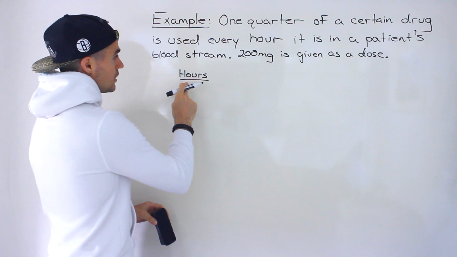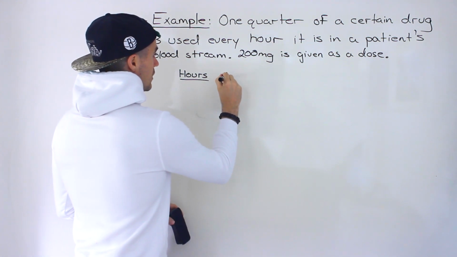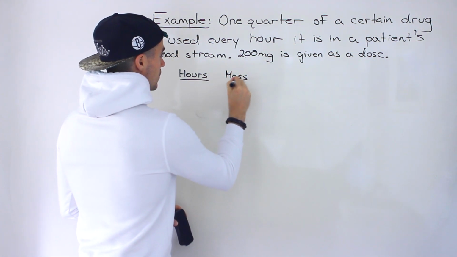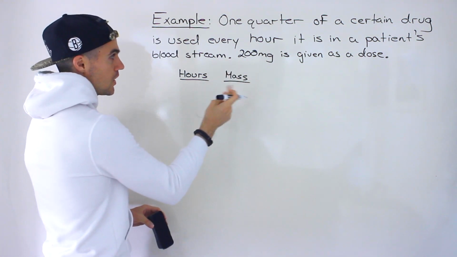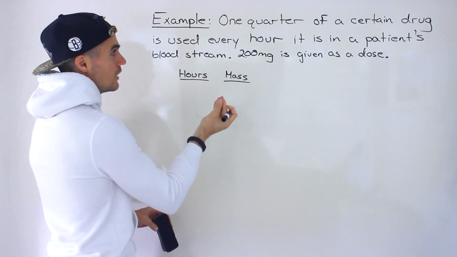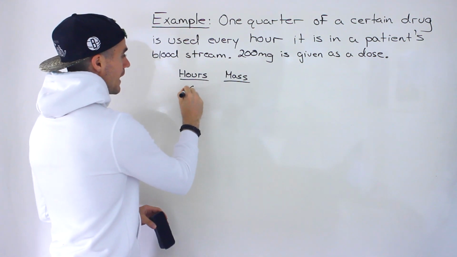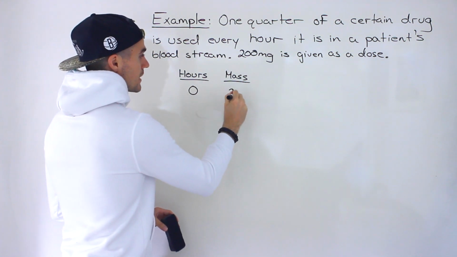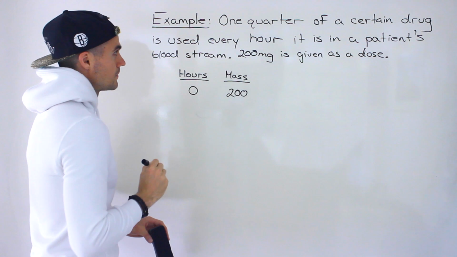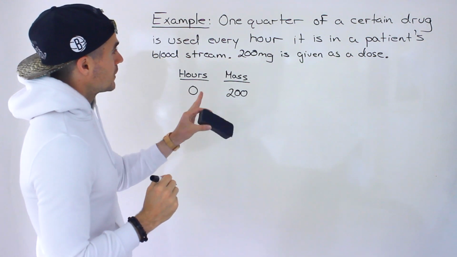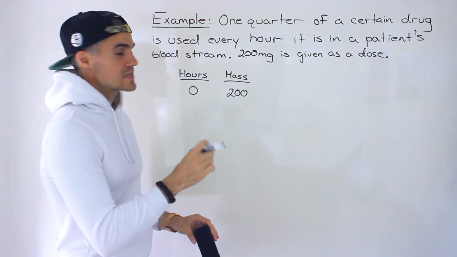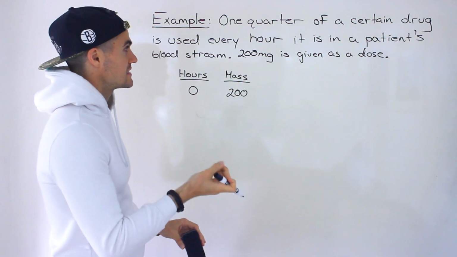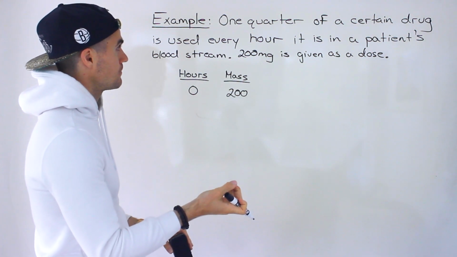So here we'll have hours, and then over here we'll have mass. So what we're told is that initially a patient takes 200 milligrams of a certain drug. So at time 0, the initial mass is 200. And here's where you've got to read it carefully. So we're told 1/4 is used every hour it is in a patient's bloodstream.